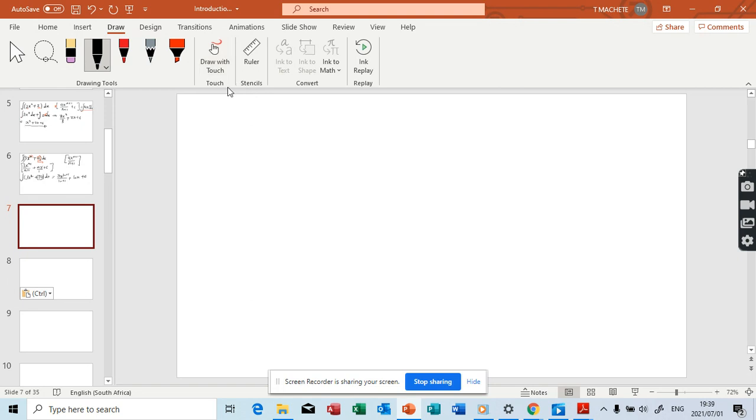I'll do one example for subtraction, guys. There's no need for me to do a lot of examples. So let's say I've got minus 3x minus 5x to the power 4, and then dx. This is the same.